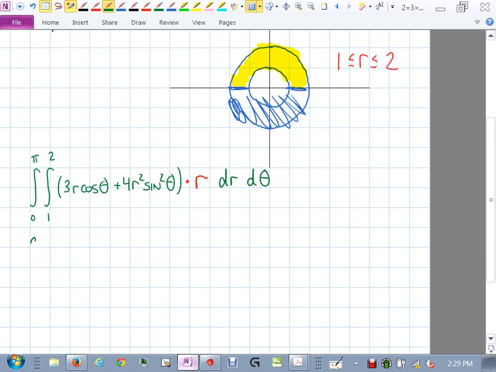So I would have integral 0 to pi, integral 1 to 2, 3r squared cosine theta, plus 4r cubed sine squared theta, and then dr d theta.